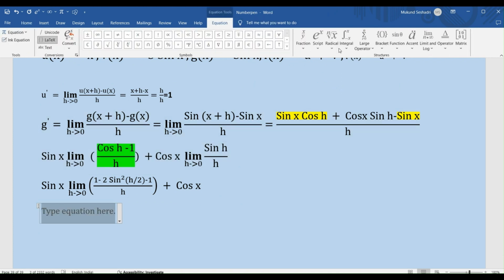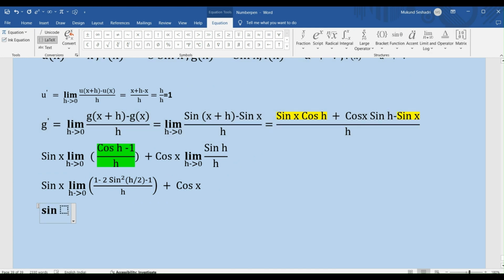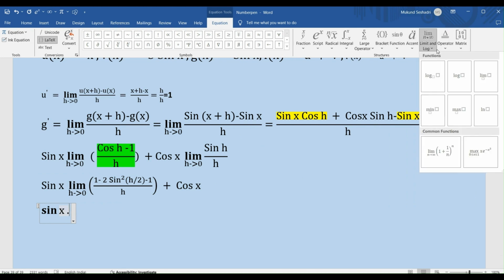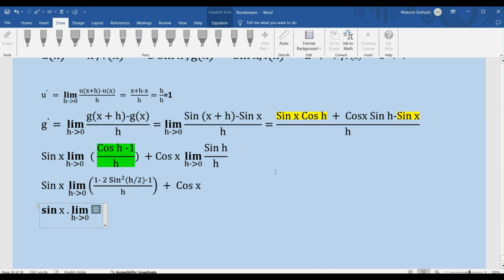And I have this expression as sine x into limit h tending to 0. My 1 and 1 gets cancelled out in the original expression, and I'm going to do a quick simplification out here. I'm going to use my pen to show it to you.